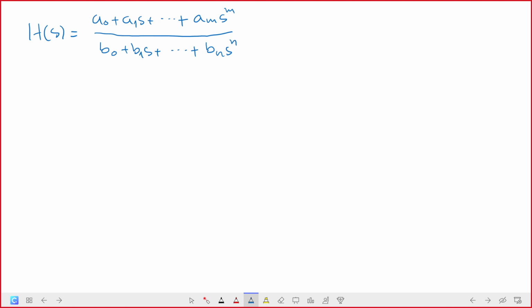Where do we get this transfer function from? Like I showed you earlier, the definition of a transfer function is the ratio of output H(s) over input U(s).